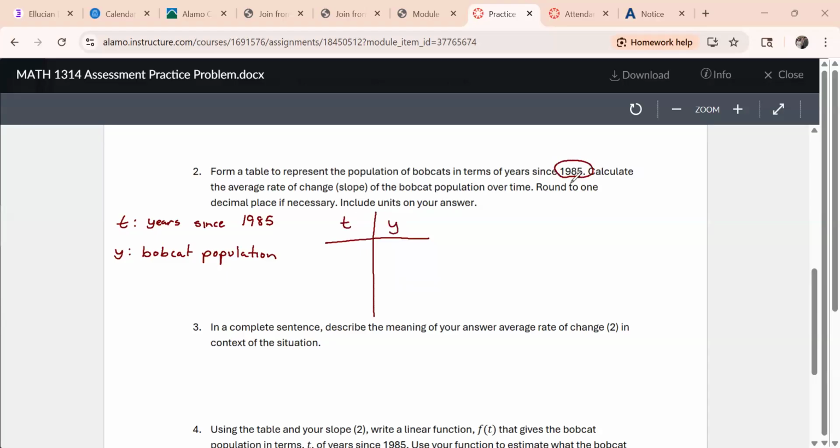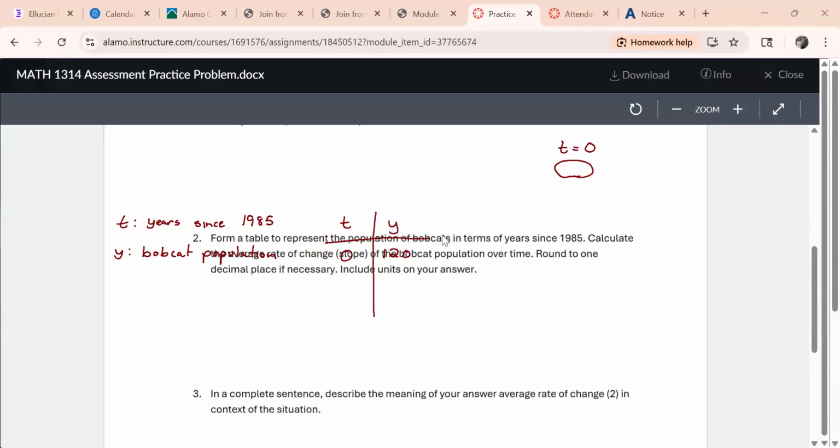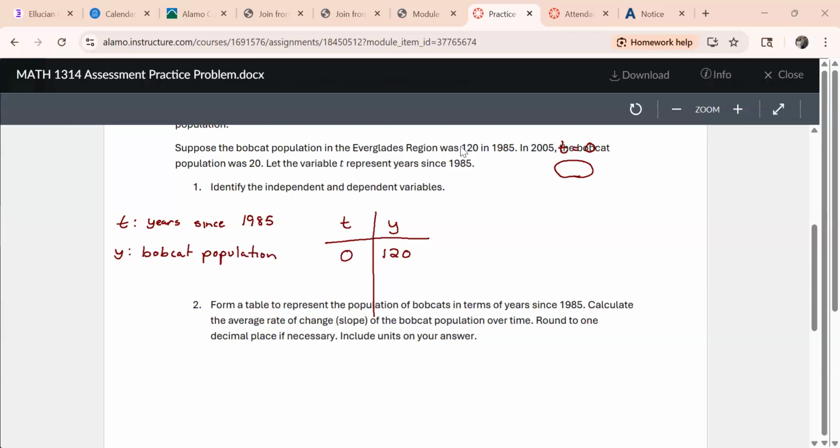If this is 1985, it's been 0 years since 1985, so that is year 0. And at year 0, what we saw was that the population was 120. So let me just scroll up a bit so you can see that. So 1985, 120 bobcats.